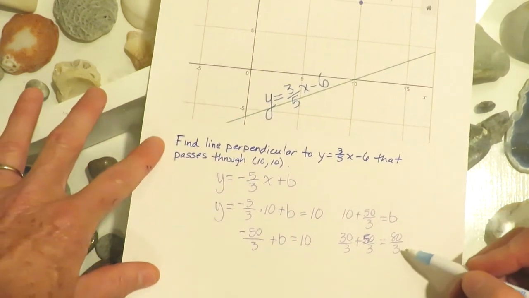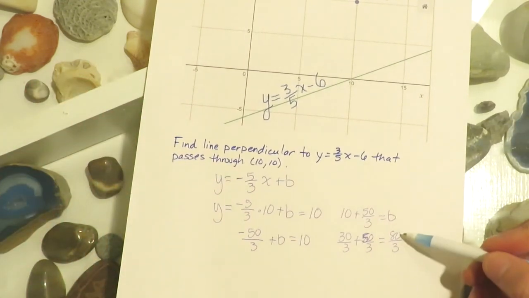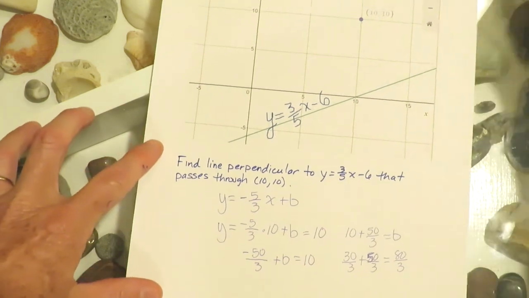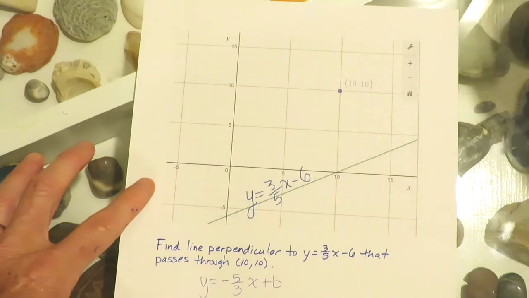So 80/3 is my b, which, by the way, is about 26.67. So I actually am not going to see my b on my graph here.